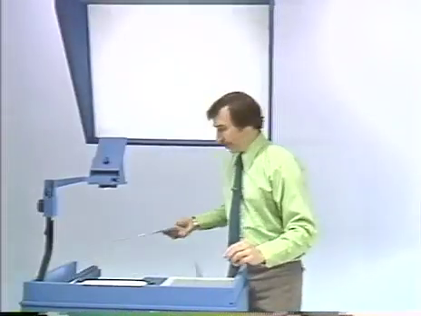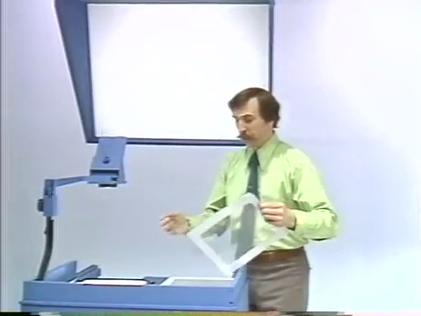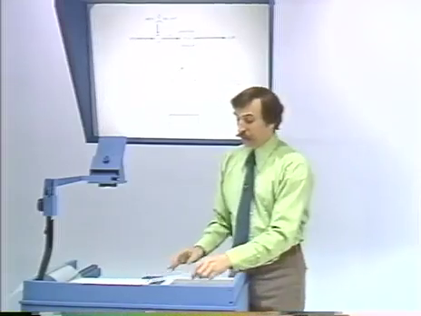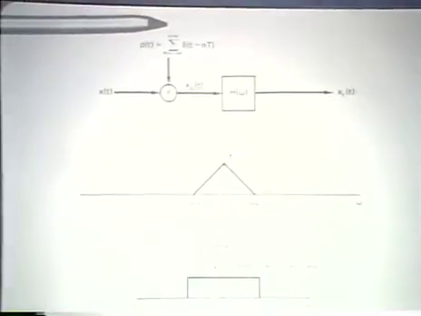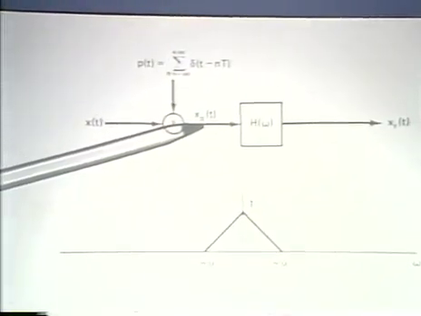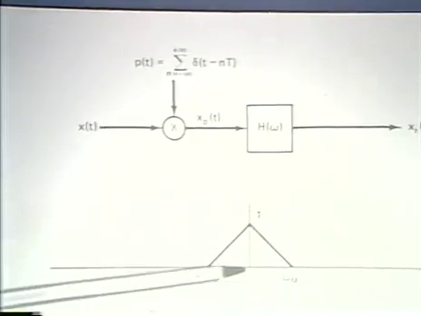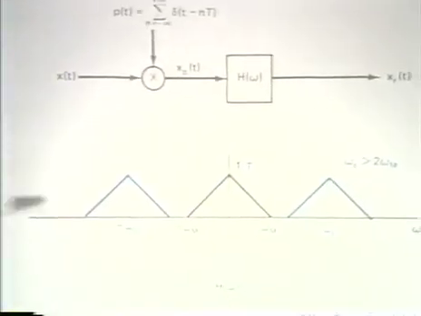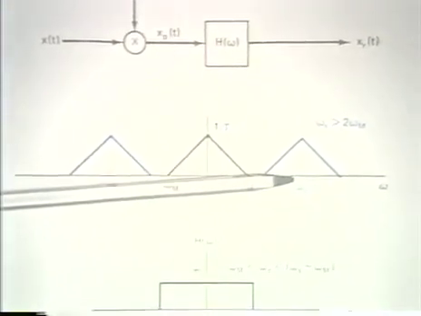So the overall system then for doing the sampling and then the reconstruction of the original signal from the samples consists of multiplying the original time function by an impulse train, and that gives us then the sampled signal. The Fourier transform I show here of the original signal, and after modulation with the impulse train, the resulting spectrum that we have is that replicated around integer multiples of the sampling frequency.